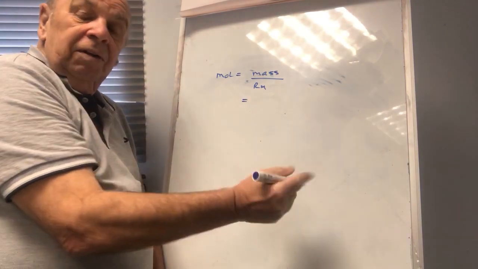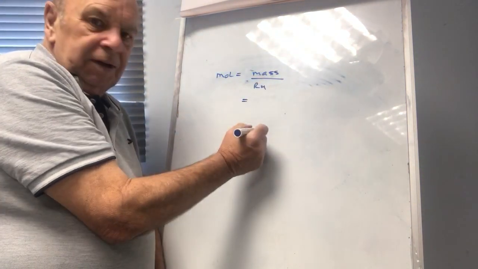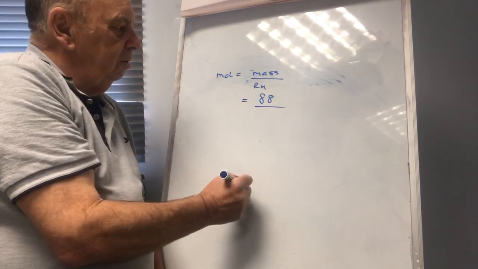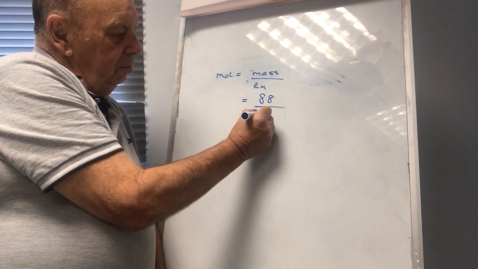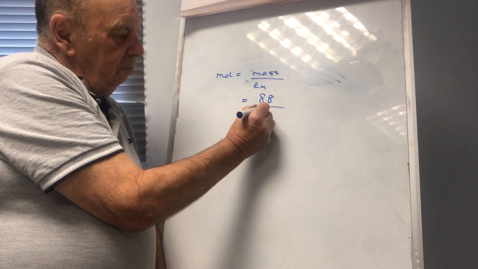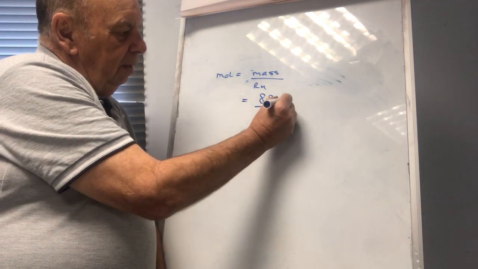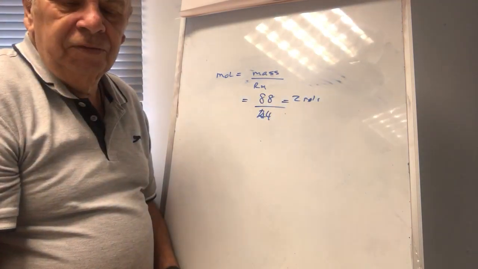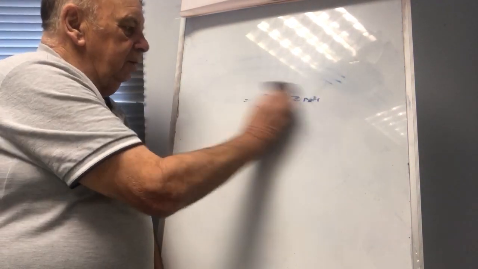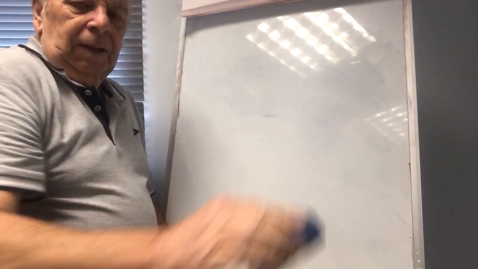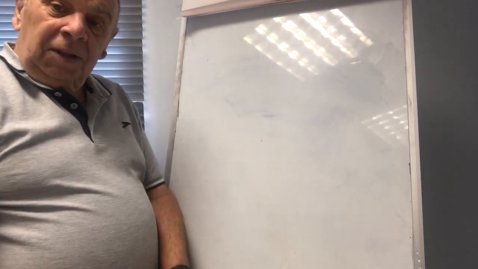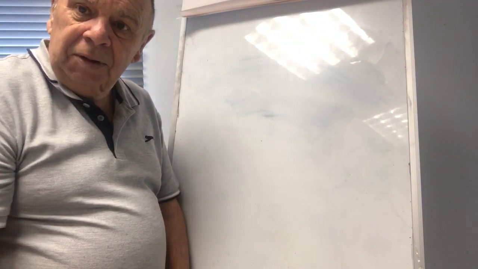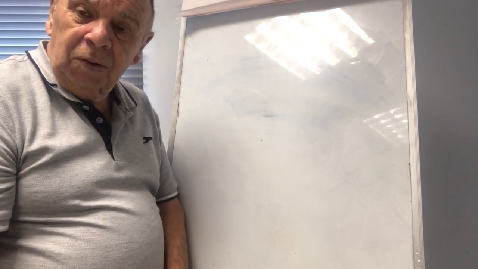If I've just done this, but I'm doing it again. Suppose I got 88 grams divided by 44 is equal to 2 moles of carbon dioxide gas. Let's look at another. Like I said, these do give students a bit of grief, so I'm going to labour the point and go through it quite slowly.